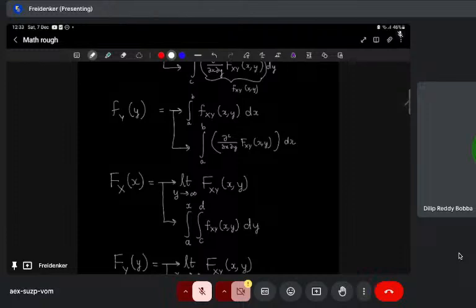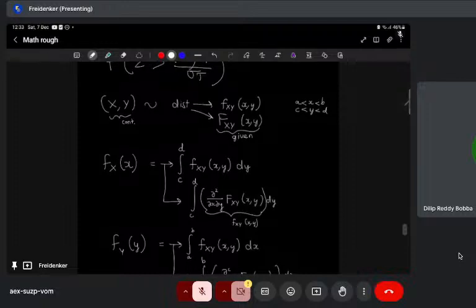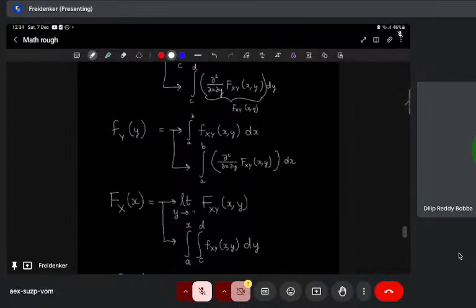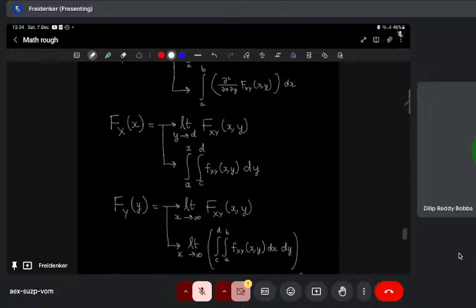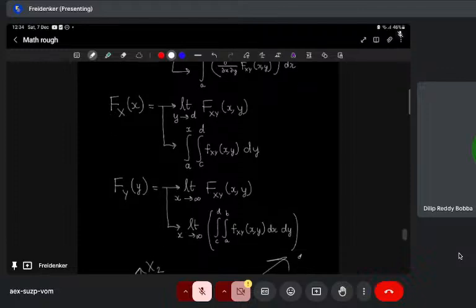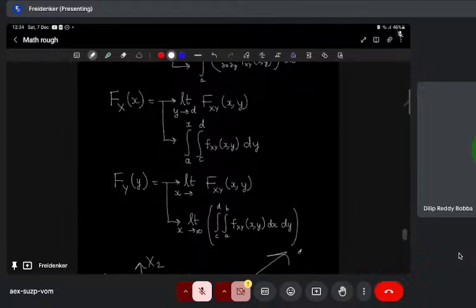You don't have to integrate from A to infinity, because the maximum value y can take is D. So y should tend to D, and one more correction, x will tend to B. You don't have to do extra work; there is a simpler way.